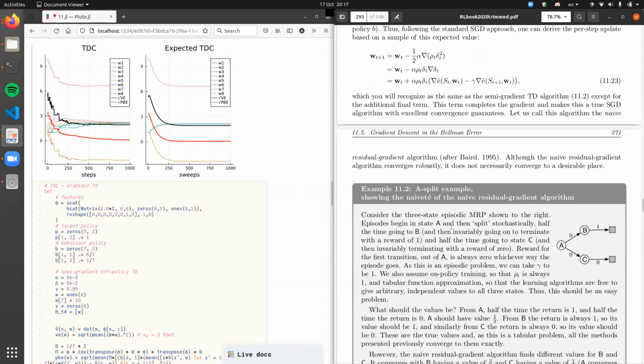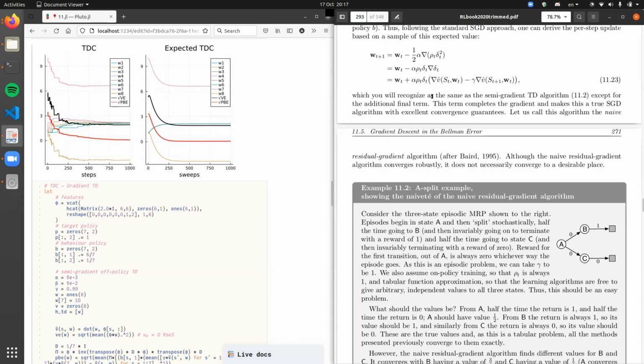Right, so we have this update rule, and we will call it the naive residual gradient algorithm. This would be a stochastic gradient descent in this case. We have a complete gradient of our v hat with respect to w.